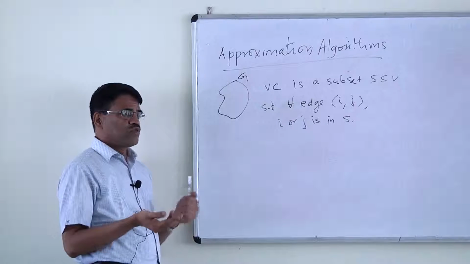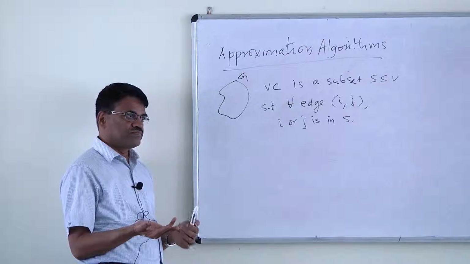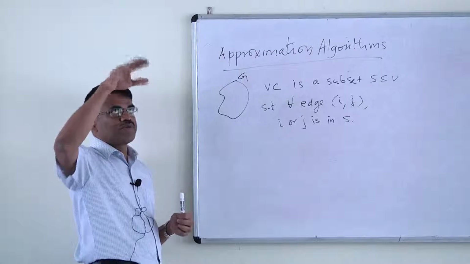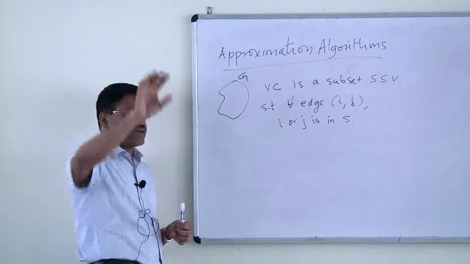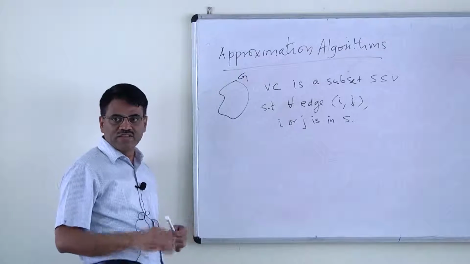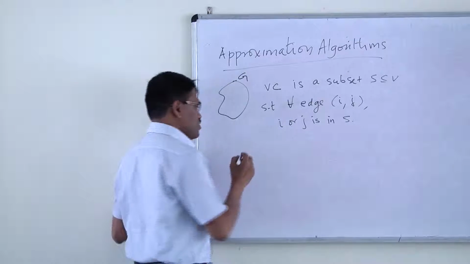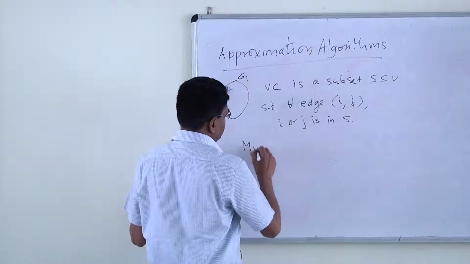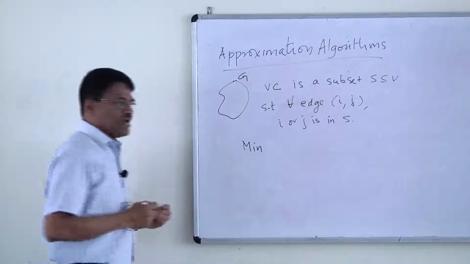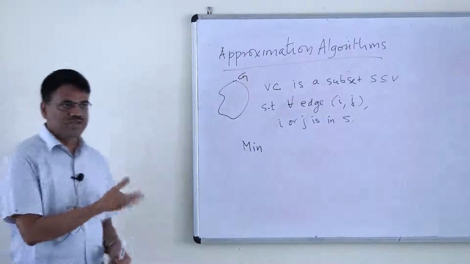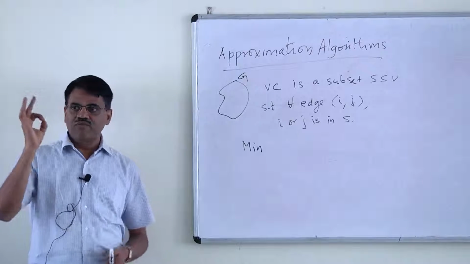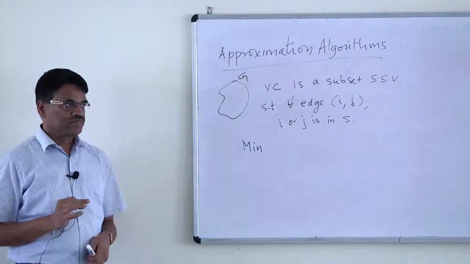So what do you want to do? Minimize or maximize? Linear programming is all about minimizing or maximizing subject to some linear constraints. So this is a minimization problem. What is it I want to minimize? Well, I have to think of what the variables are. Let's create a variable for every vertex.